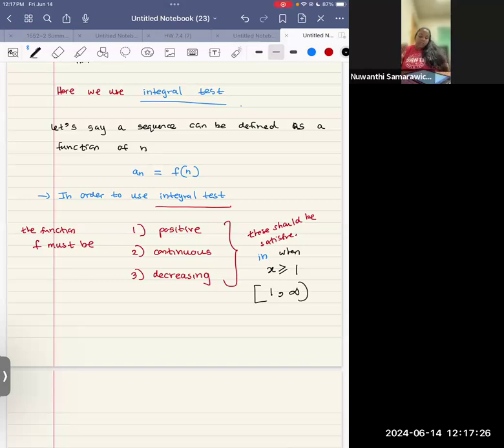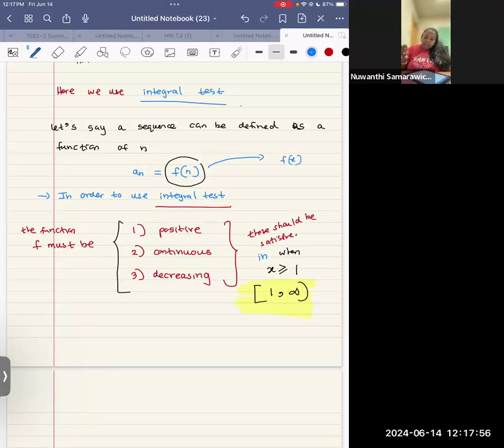You will understand when we do an example, but just for the sake of the note, these three conditions should be satisfied in this interval, because we are writing f of n as f of x, using x instead of n.